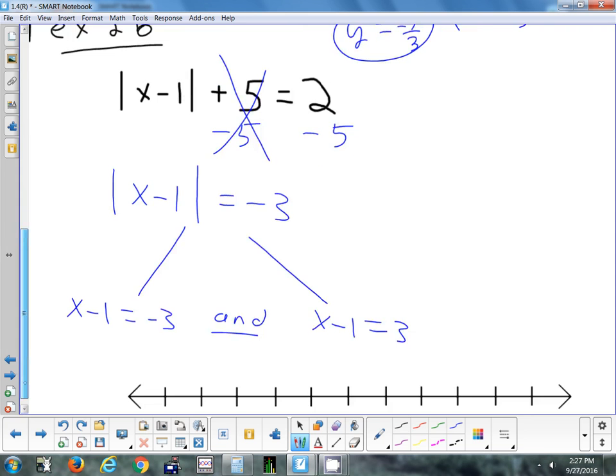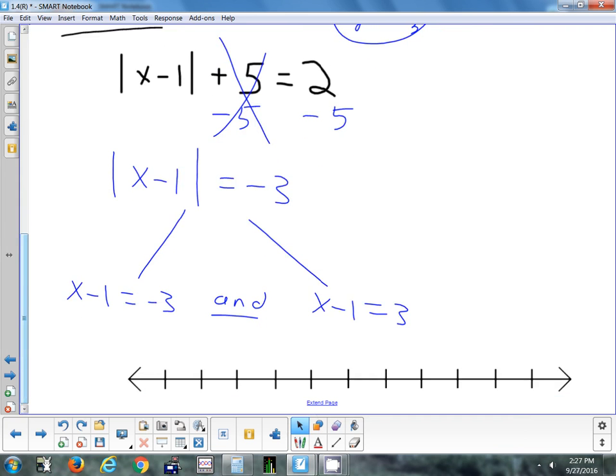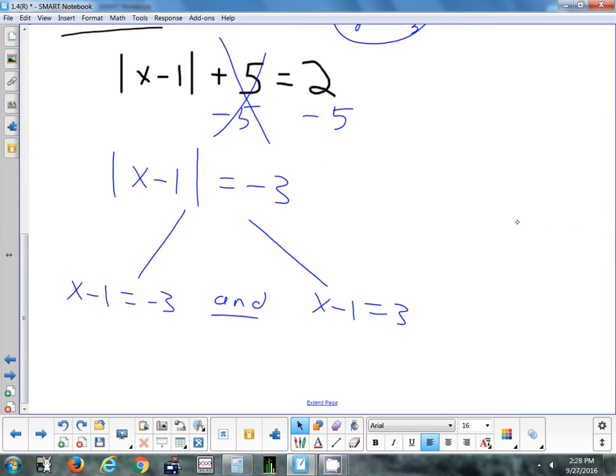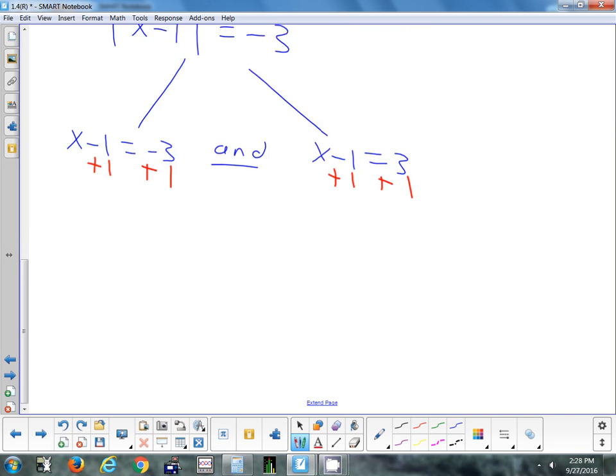Okay, let's try solving each equation and see what happens. Ashley, how do I solve the first equation on the left? And how am I going to solve the second equation on the right? You do the same thing. So far everything really seems normal.